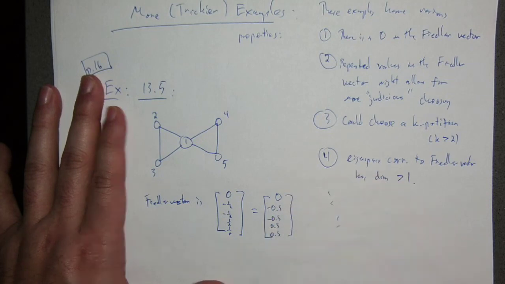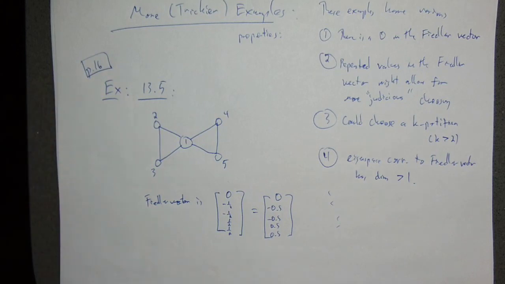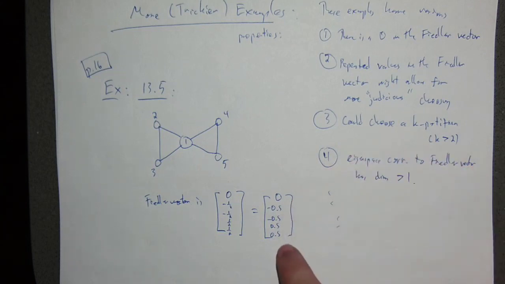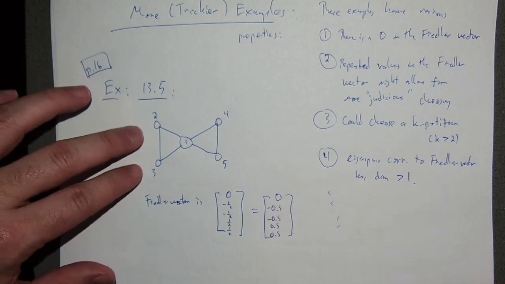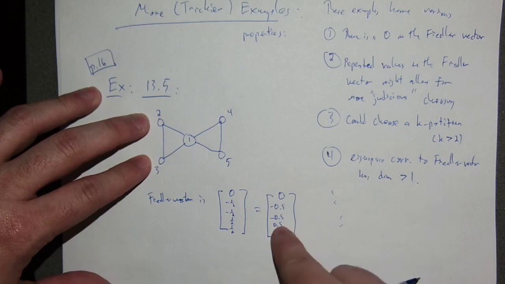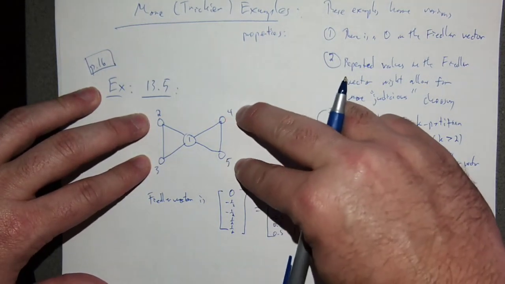There we go. So here's my Fiedler vector. Accordingly, doing what I've been doing the whole time, if I split by sign, not caring about anything else, then I have 2 negatives. That's the second and third vertices, so 2 and 3. And then I have 2 positives, that's 4 and 5.